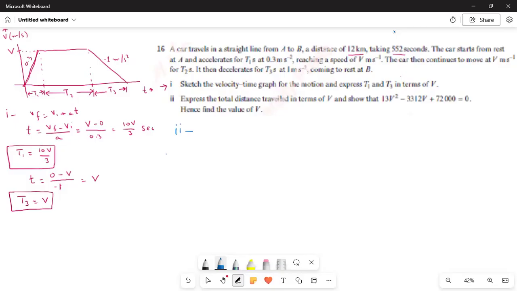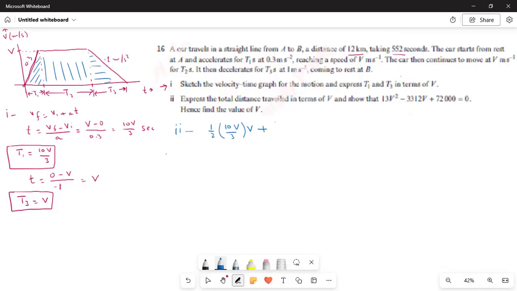Now the total distance is the total area under this curve, which consists of two triangles and this rectangle. The first triangle is half, base t1, which is 10v by 3, and height v. This is the area of the first triangle plus the area of the rectangle.